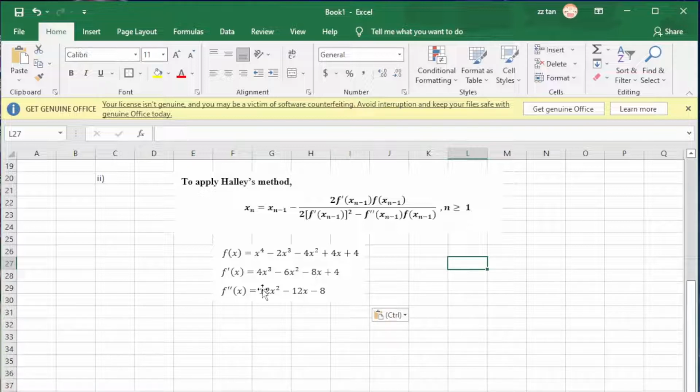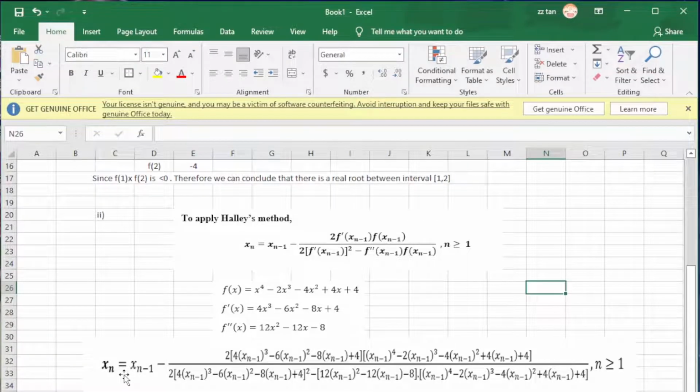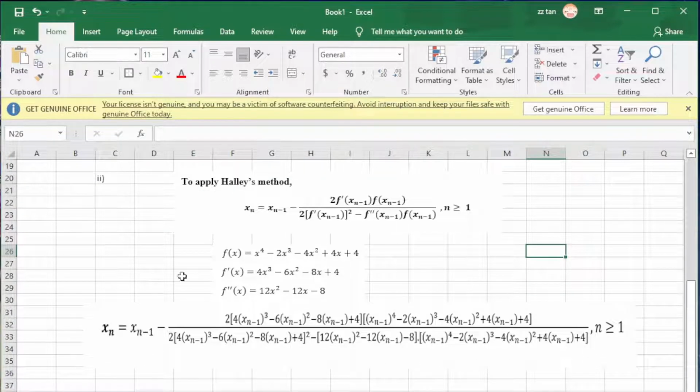And then we substitute these derivatives into the Halley's method, and we replace the x with x_{n-1}. So this is what we get after substituting. This is our Halley's method formula.